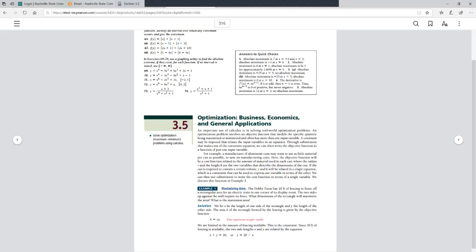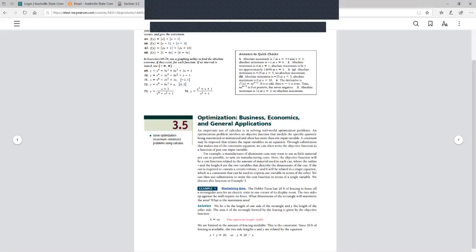In example number 1, we're trying to maximize area. And of course, you need to know the shape, right? If it's a circle or a square or a trapezoid, maybe a kite, something like that, you need to know the formulas to find the areas of those things.